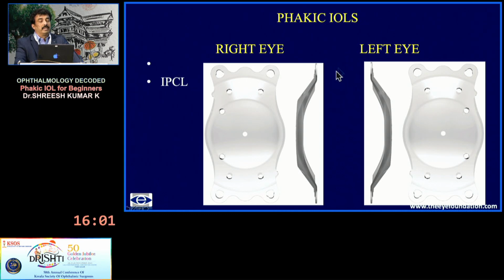If you look at the IPCL, there are two holes in the optic. These two holes should face superior. If we are dealing with the right eye, then these two holes should be towards your left hand side, and if you are dealing with the left eye, these two holes should be towards your right hand side.